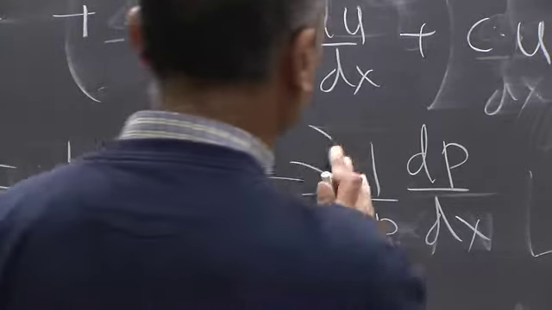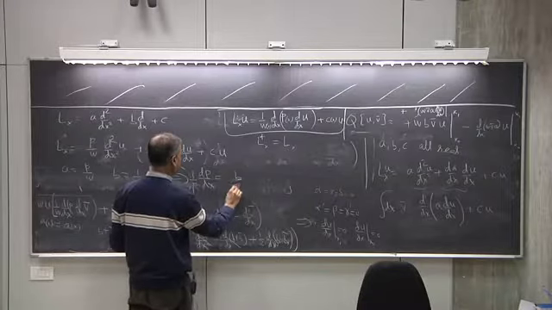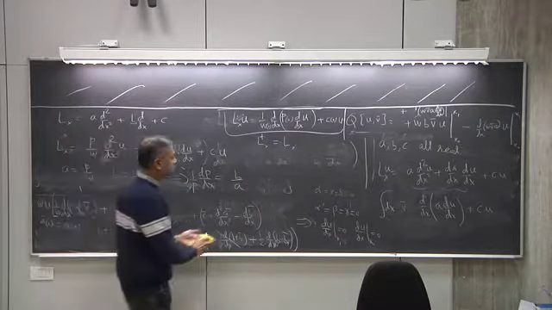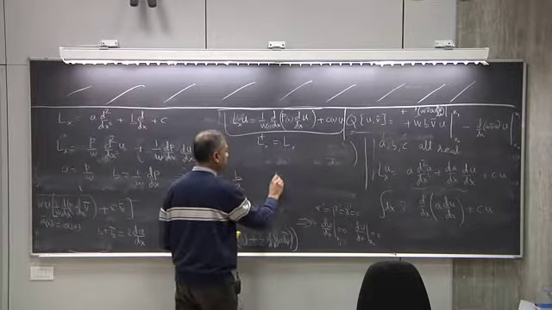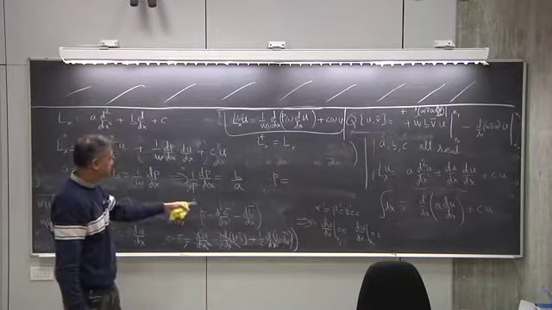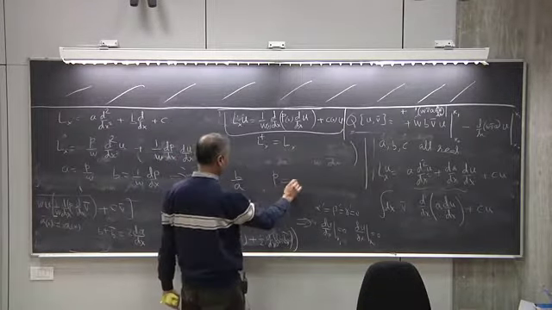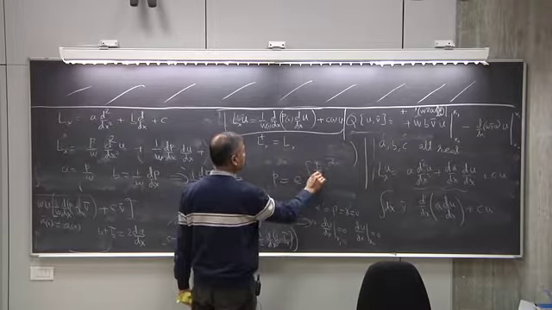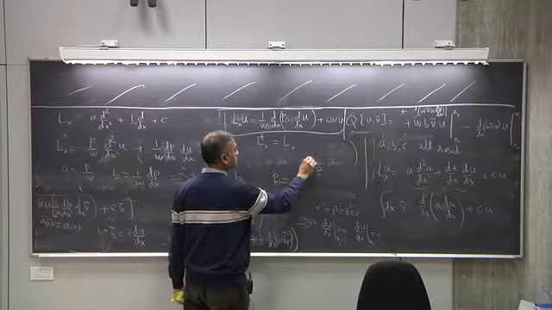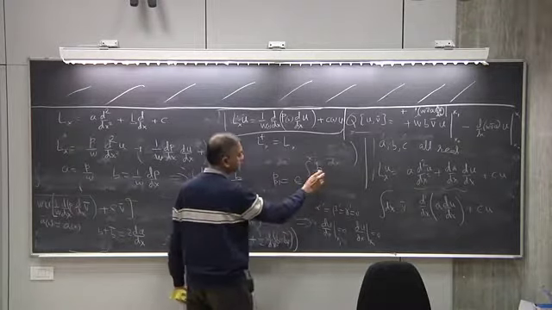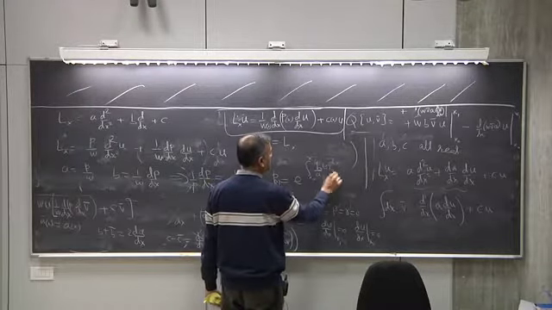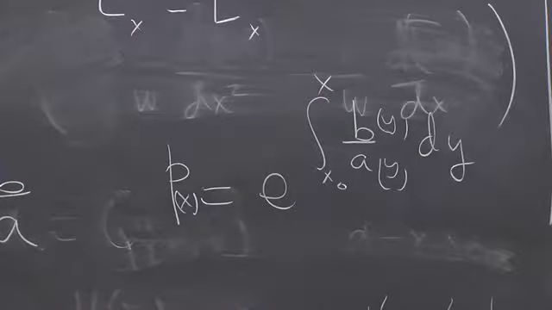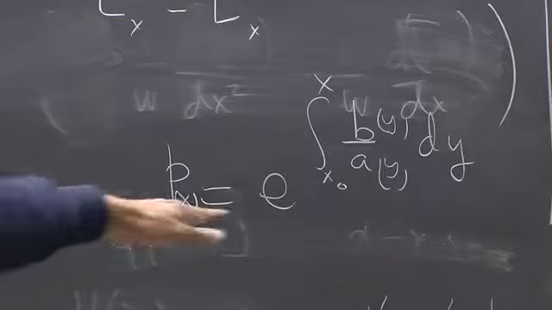That is equal to B over A. Therefore, the solution of this equation is P equal to e to the power of the integral of B over A dx, an indefinite integral. This kind of exponential appeared before, remember, when we tried to solve the second order differential equation, when we said that if one fundamental solution is given, how you will get the second fundamental solution. In doing that, we encountered these exponentials.